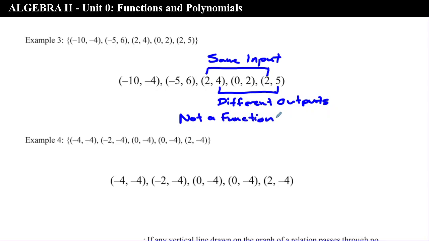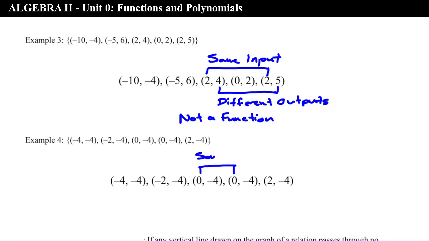So this is the key here. If you have the same input for x's, but you have different values for y's with those x's that are the same, then we do not have a function. Let's look at this next example. You have -4, -2, 0, 0, and 2 for your x's. Once again, we have two x values that are the same. And it doesn't have to be 2.